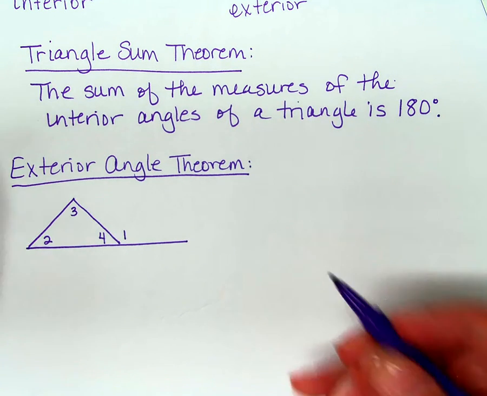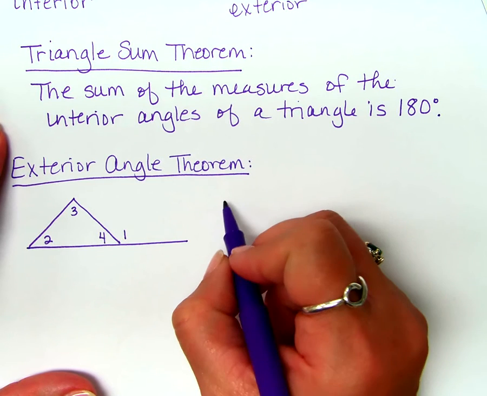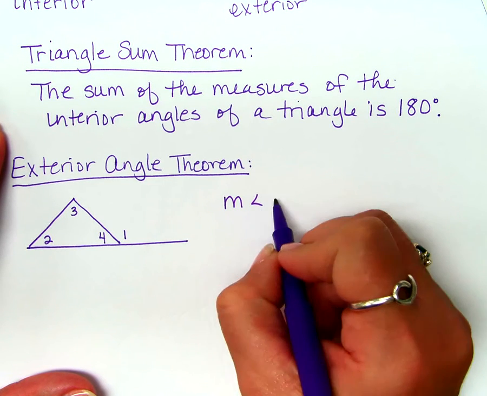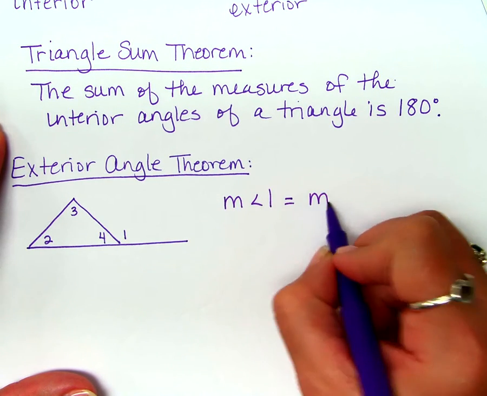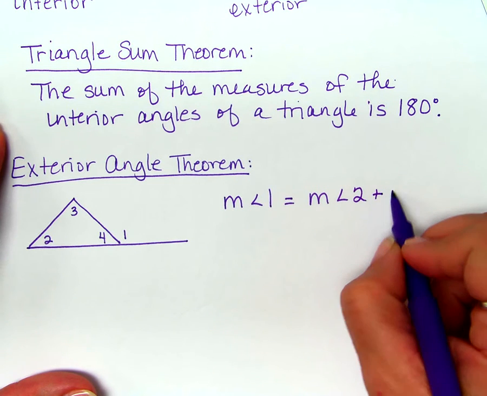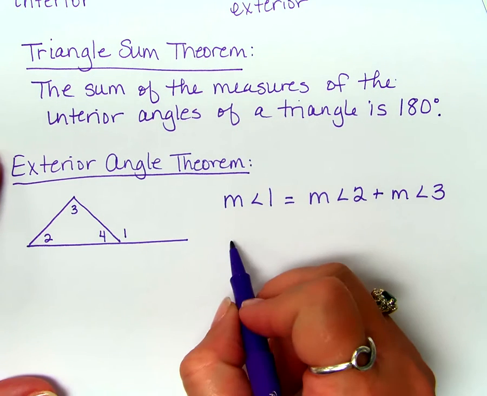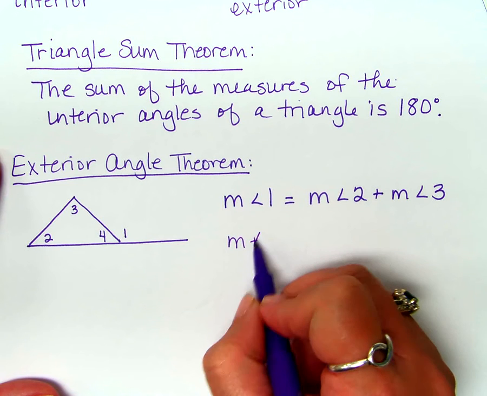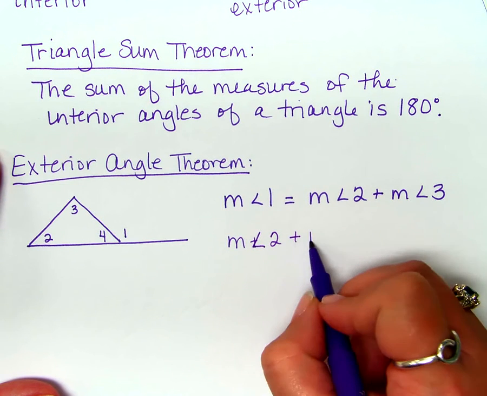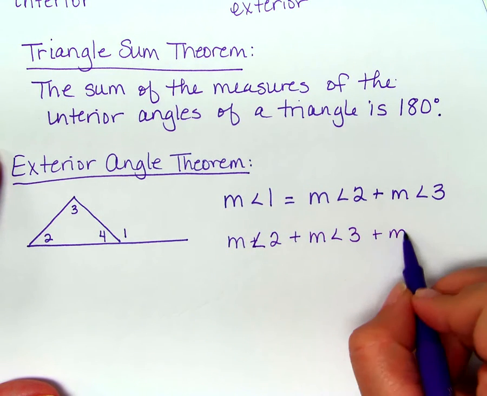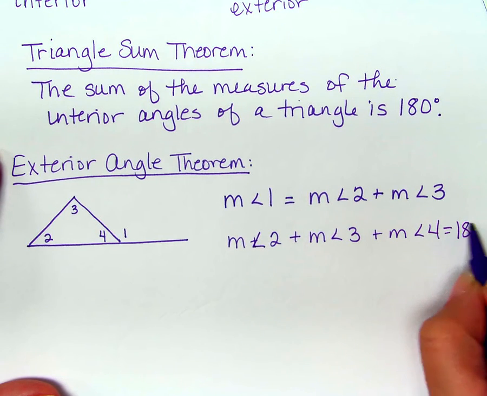That's right. Okay? But here's what the exterior angle theorem says. It says the measure of angle 1 equals the measure of angle 2 plus the measure of angle 3. So from that, we just talked about the fact that the measure of angle 2 plus the measure of angle 3 plus the measure of angle 4 equals 180, right?